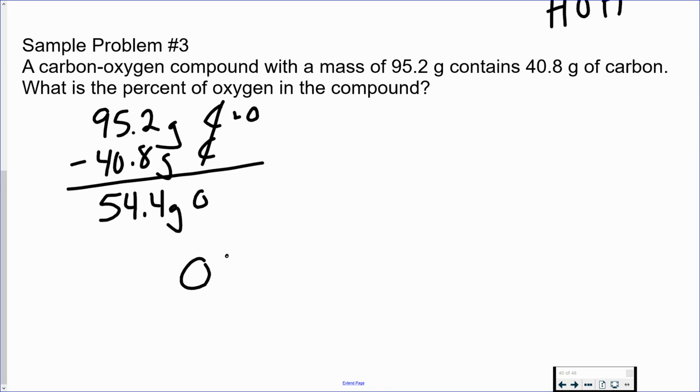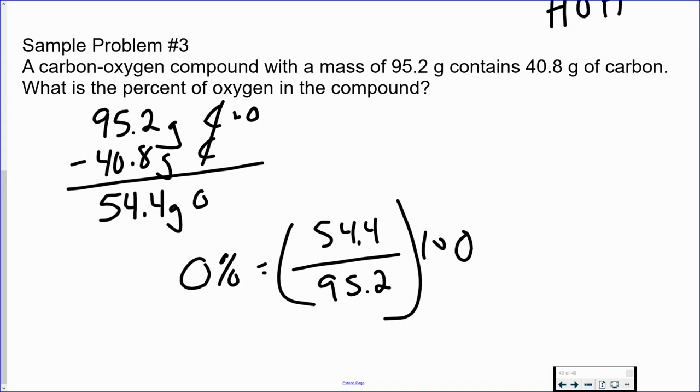So in order to find the percentage, oxygen percent would be equal to 54.4 over 95.2 times 100. And that gives you a percentage of oxygen within that compound of 57.14%. Notice how I still went to 2 places after the decimal, even though we only have 3 digits in here. So for sig figs, when dealing with percentages, we are always going to go to 4.